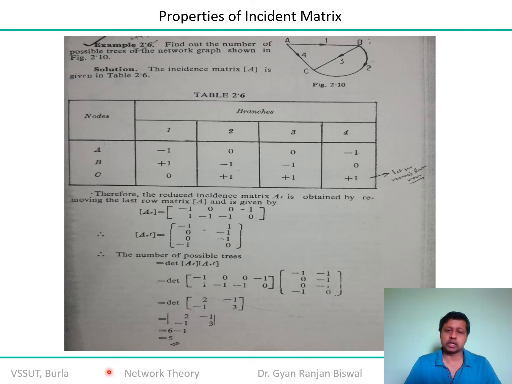The reduced order matrix is already known to you, you have constructed it, and the transpose is also known. If you find the determinant of this product, you will see that there are five different possible ways to construct a tree of this oriented graph or electrical network. I hope you are able to understand this, and apply the same theory in different sorts of problems to simplify the network.